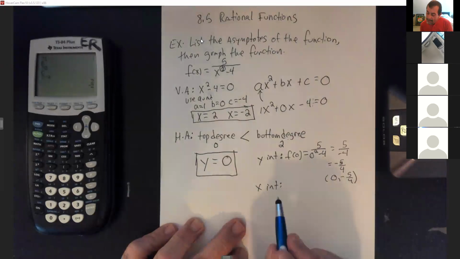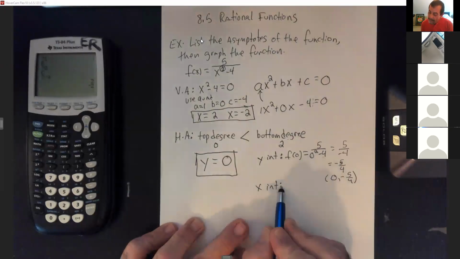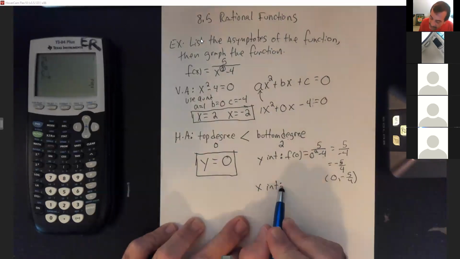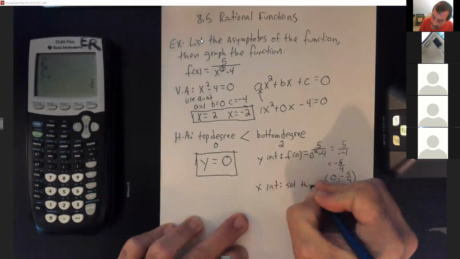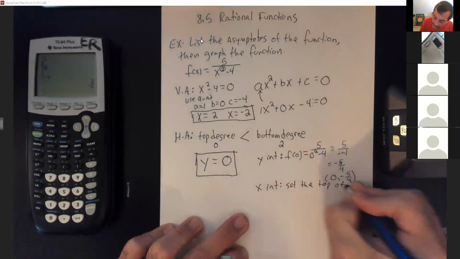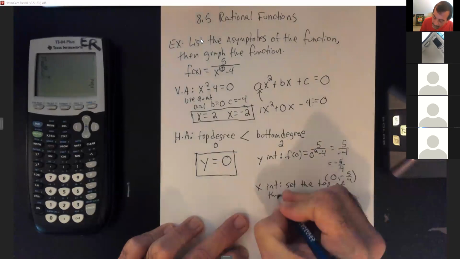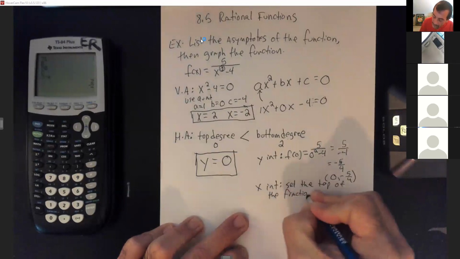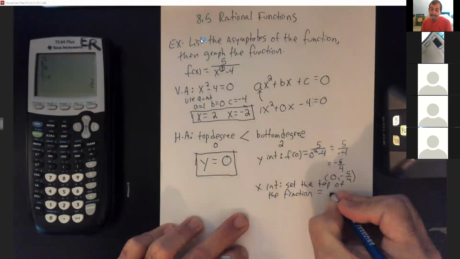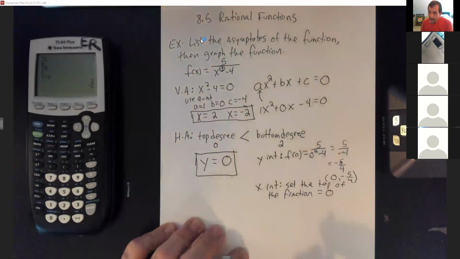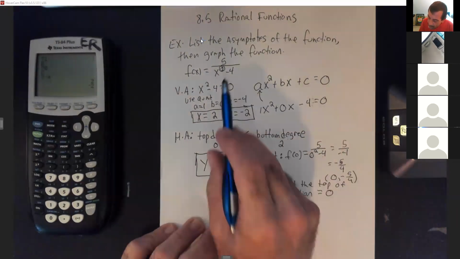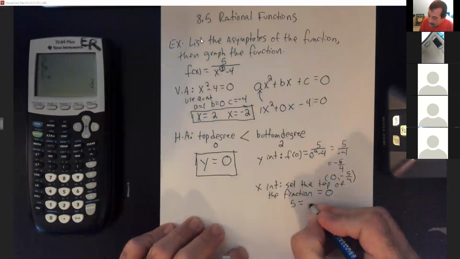Also x-intercepts. So to find x-intercepts, you would set the top of the fraction equal to 0. So the top of my fraction is a 5. So I would try to set that 5 equal to 0.